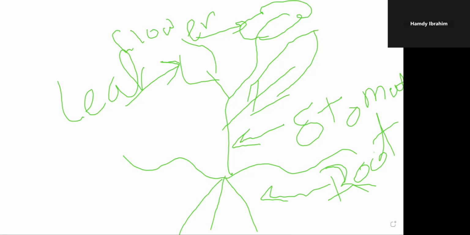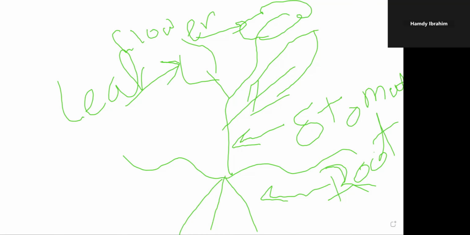Okay, what next? After storing the food in the root, the stem comes to transport this food, which is nutrients and water, to the other parts of plant.